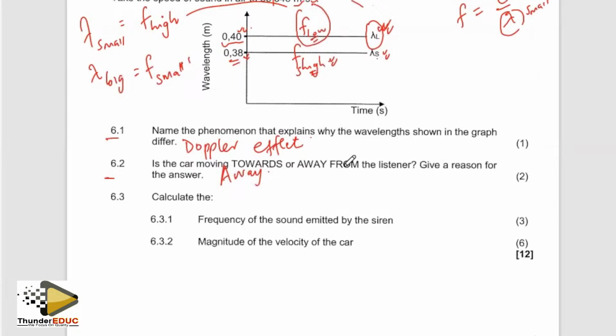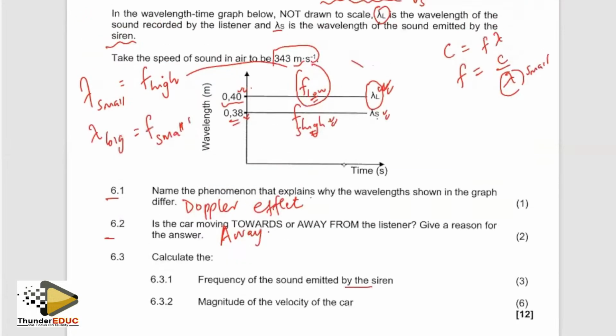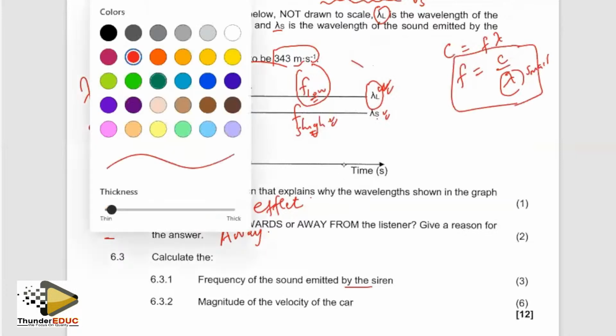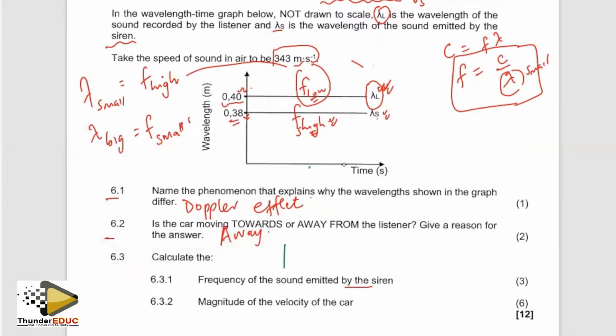Then 6.3, calculate the frequency of the sound that is emitted by the siren. I can still use this formula and do the substitutions. The frequency of the source is going to be c, the speed of sound in air, divided by the wavelength.